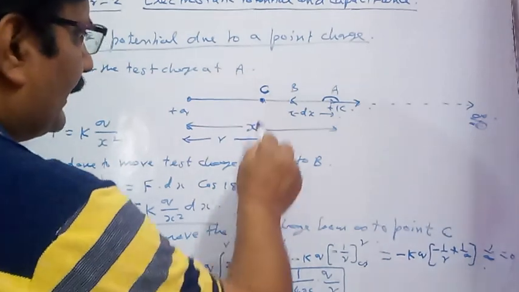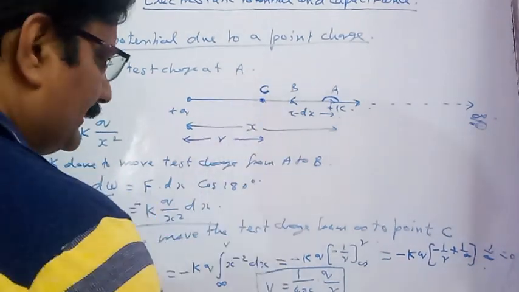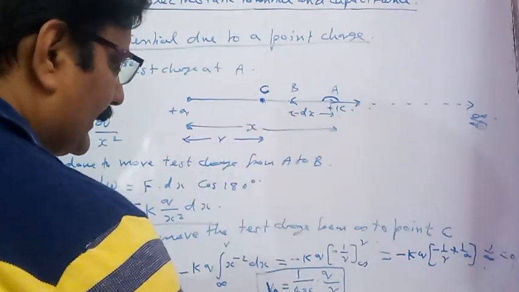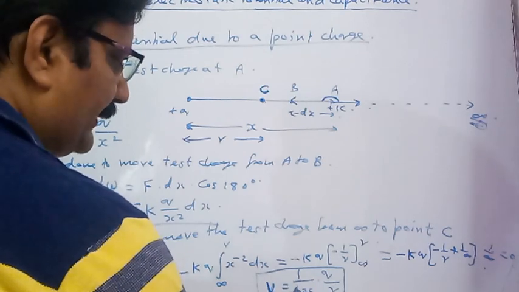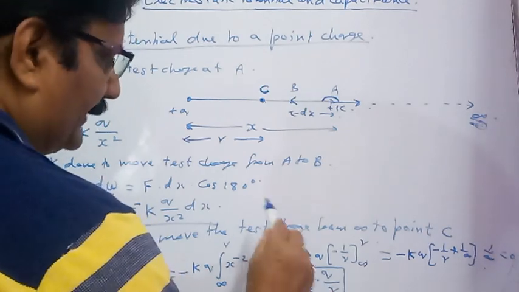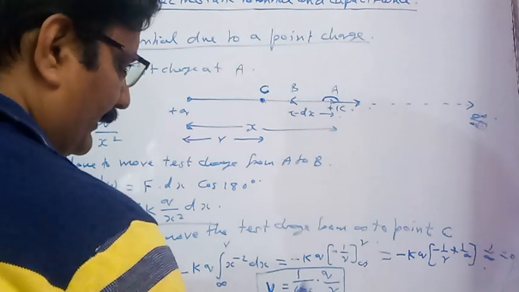Therefore, potential at point C of the electric field is written as V equals 1 by 4 pi epsilon naught for medium air, Q divided by R.